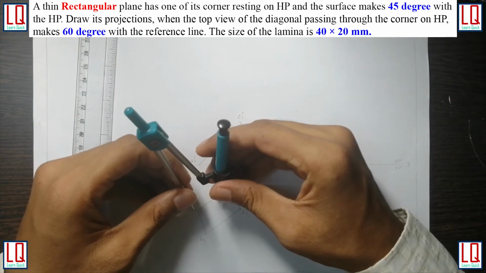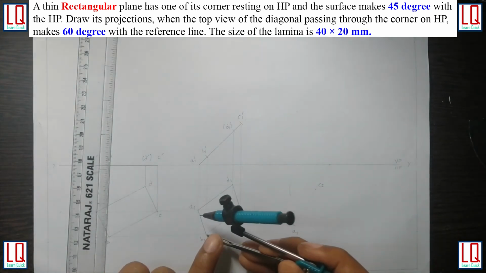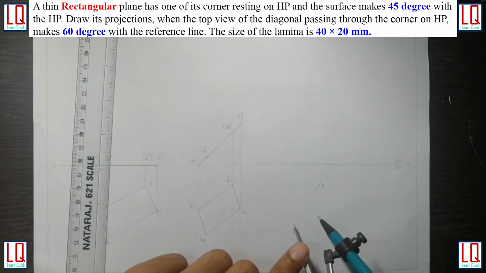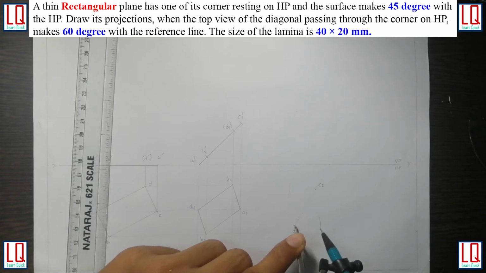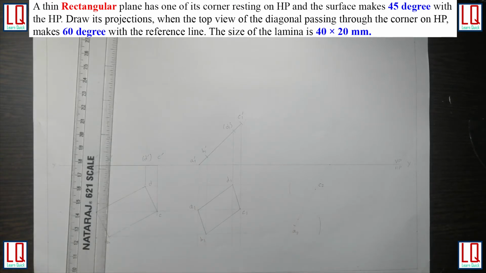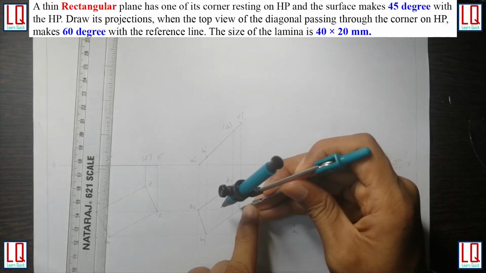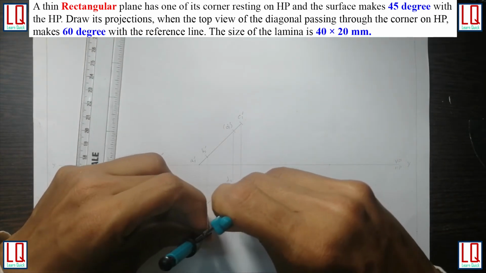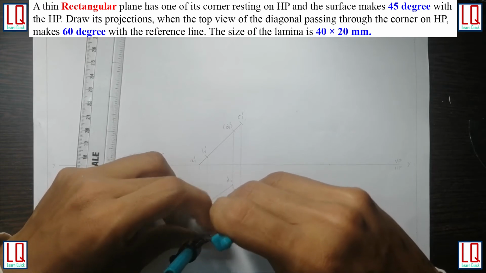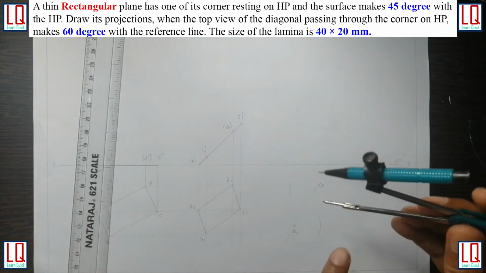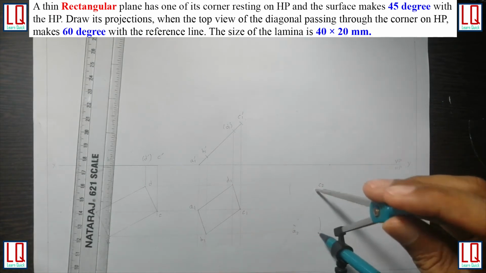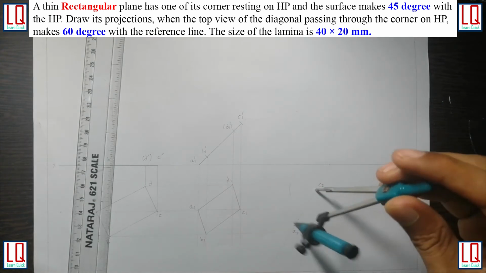Similarly, measure B1 to A1 and then make an arc. Now measure C1 to B1 and cut an arc.